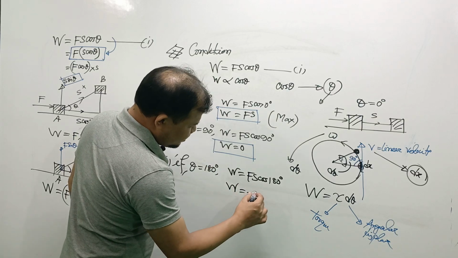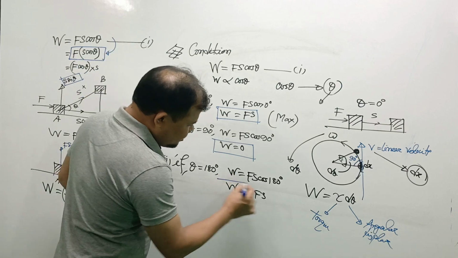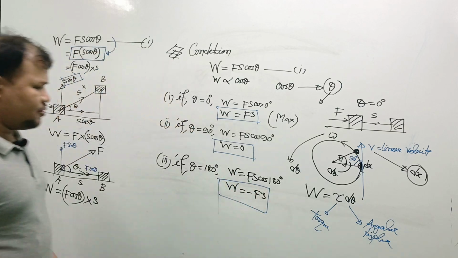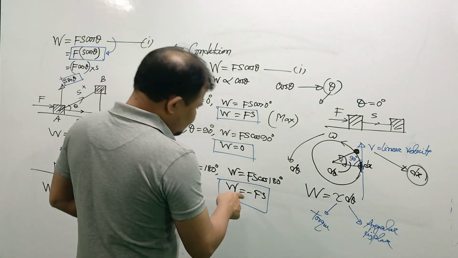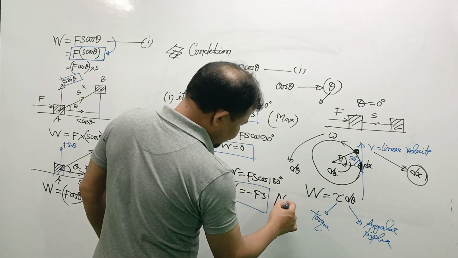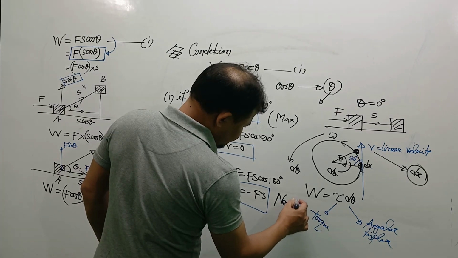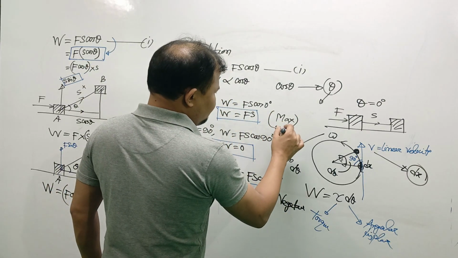Because of that reason, we can write W is equal to minus F s. This is another equation to measure the work here. Here we can see this work done is negative, so we can write negative work, and this is the positive work.